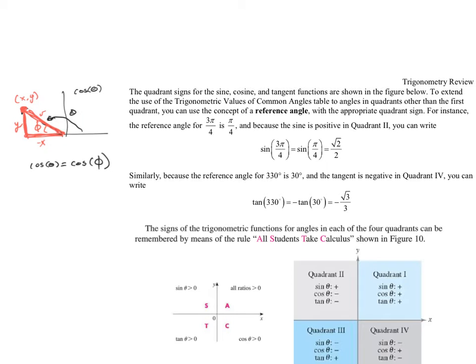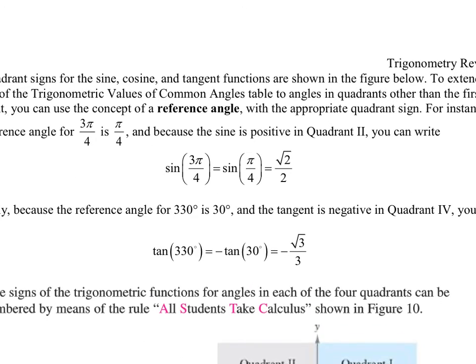Sine is the y value, and in the second quadrant your y values are positive. The y value in pi over 4, in the first quadrant, is also positive, so both of those values would be positive.